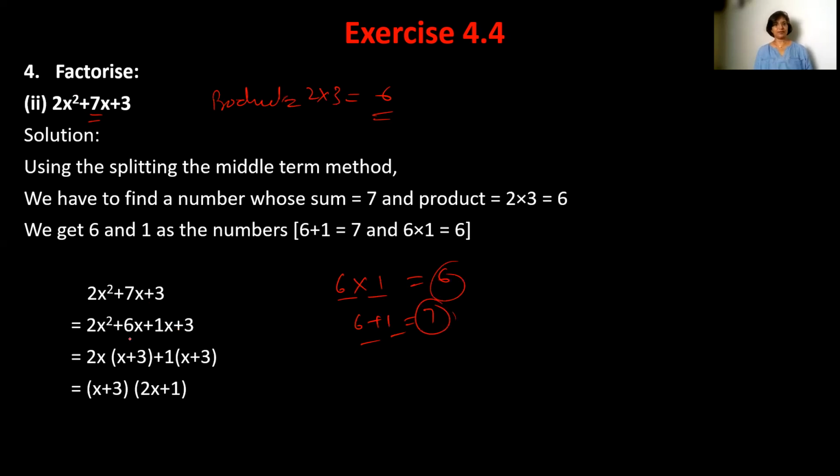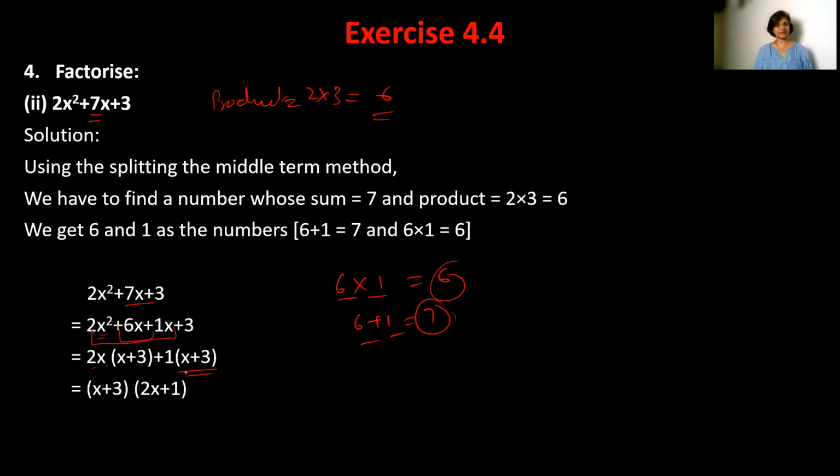So 2x square plus 6x plus 1x. This is written in this form. Now we take 2x common from the first two, so x remains here, and from the last two x is common. 2 times 3 is 6, so x plus 3 remains here, and here 1 into x plus 3.